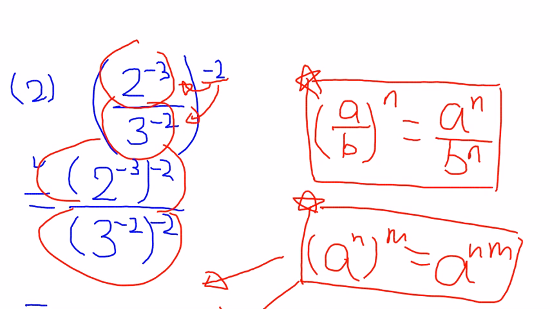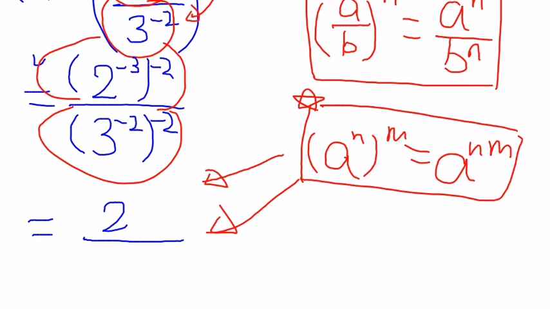The top now becomes 2 to the power 6, because 6 is the same as the multiplication of minus 3 and minus 2. And similarly, the bottom becomes 3 to the power, which is the same as the multiplication of negative 2 and negative 2 here, which is 4. So that's essentially the answer to our problem.